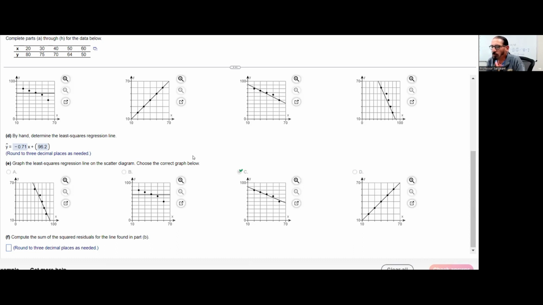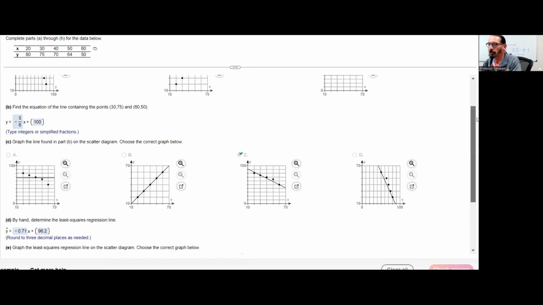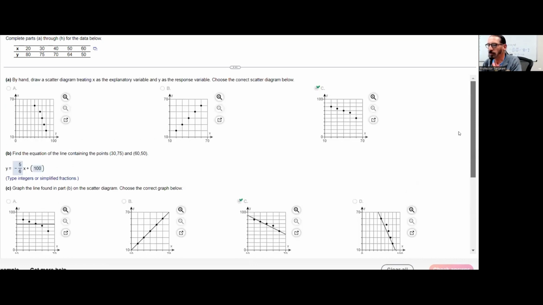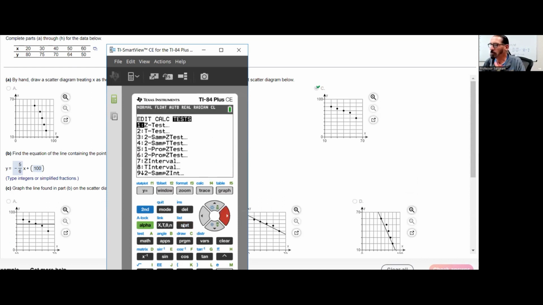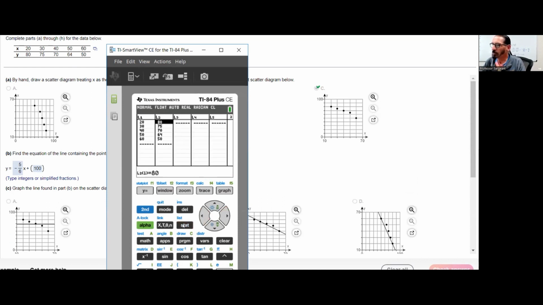So using the line in part B, which was negative 5.6x plus 100 equaling y, what I'm going to do here is as follows. I'm going to set up a new column.